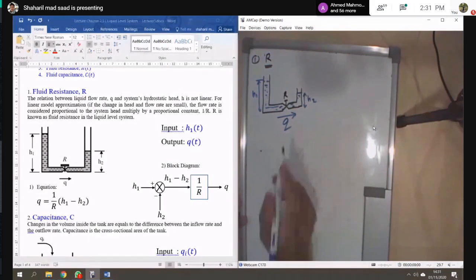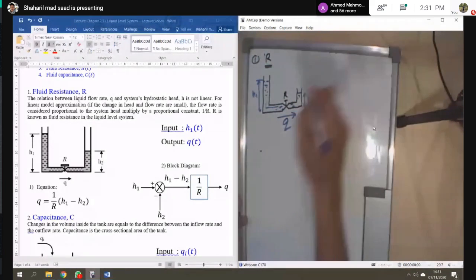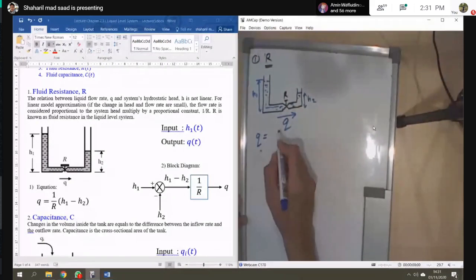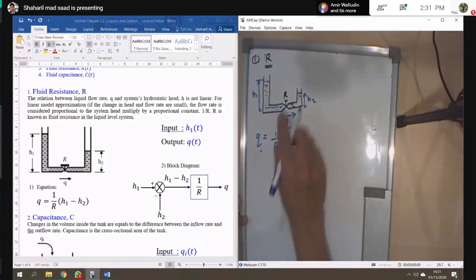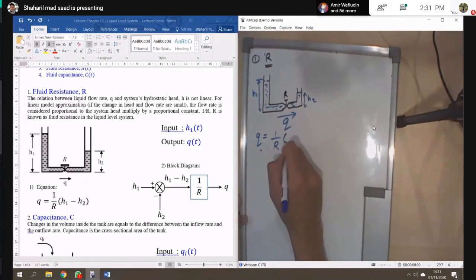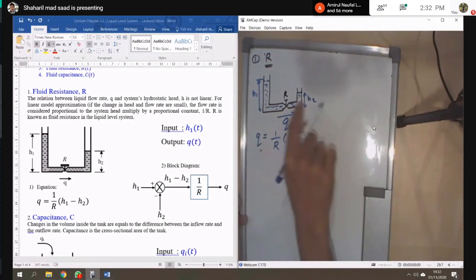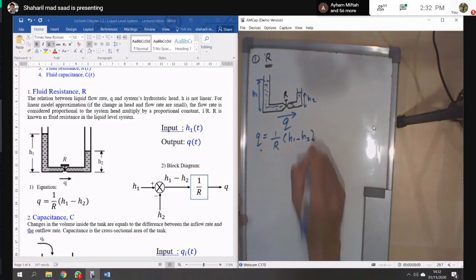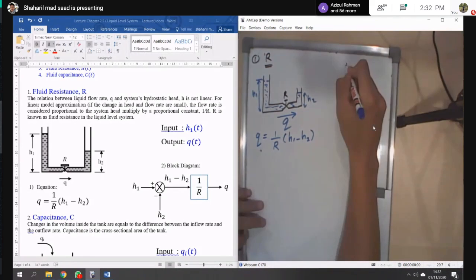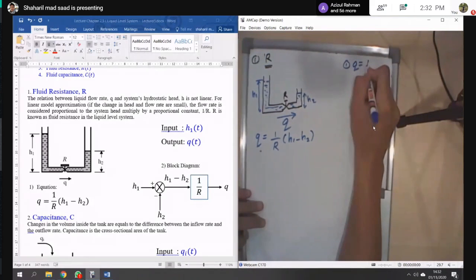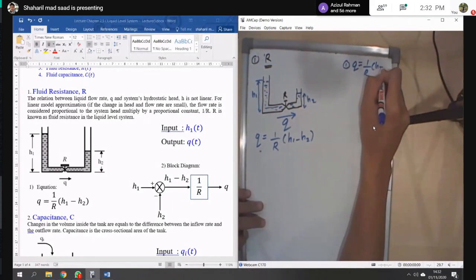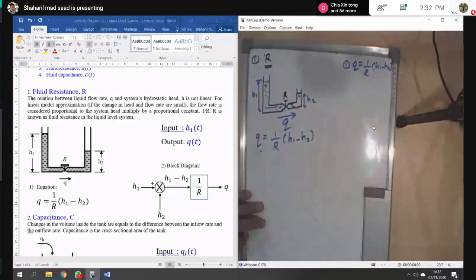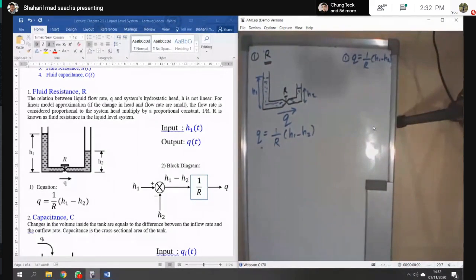So the equation that you will have now is Q is equal to 1 over R, multiplied with H1 minus H2. So this is the first equation.